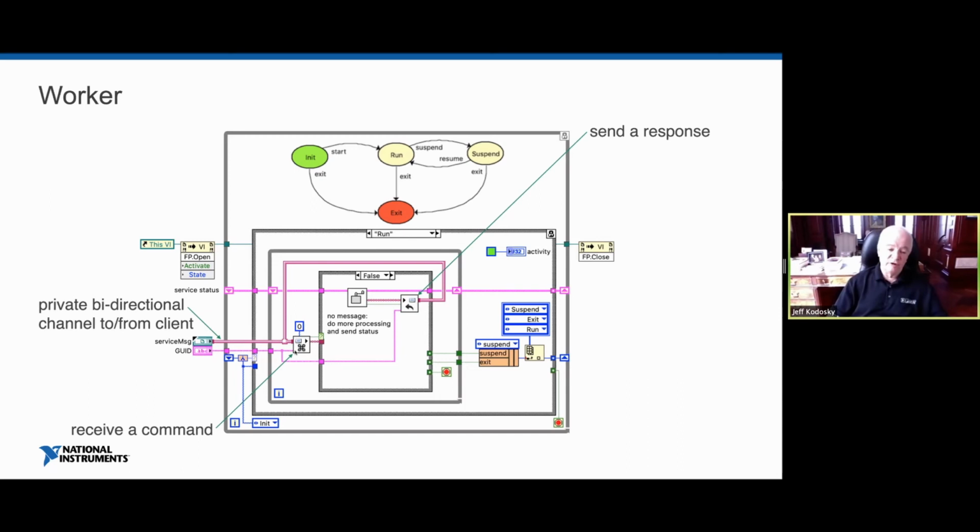The server gave the GUID to the worker, it is using that GUID to receive commands, and it's also using that to send responses. In this case, it's sending status responses continually until it finishes and then is told to exit.